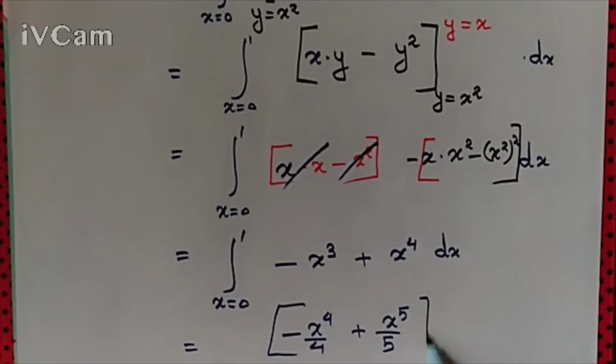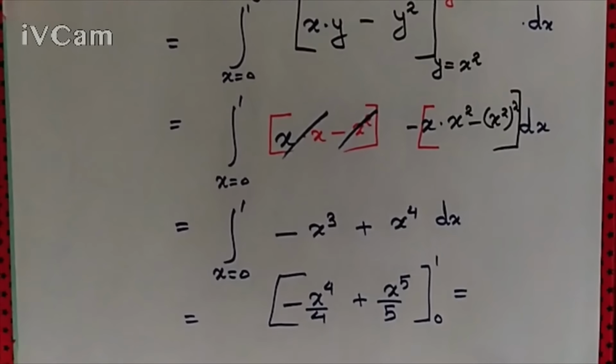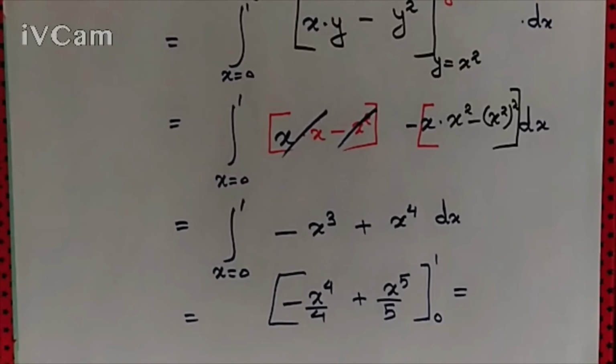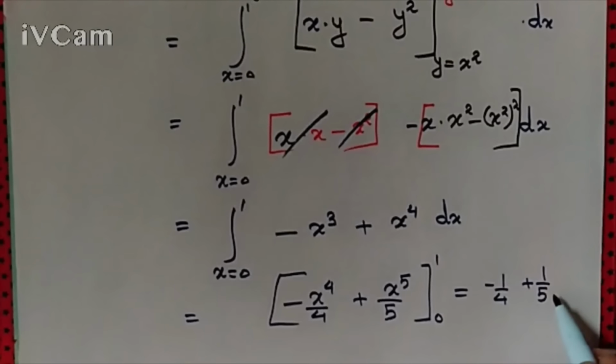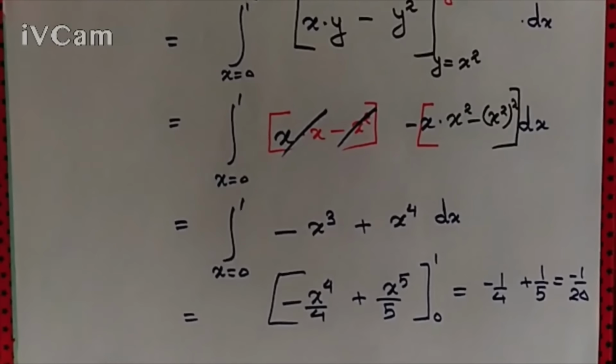And your x is changing from 0 to 1. If we write upper limit, you'll have minus 1 by 4 plus 1 by 5, and that is equal to minus 1 by 20. That is our RHS.